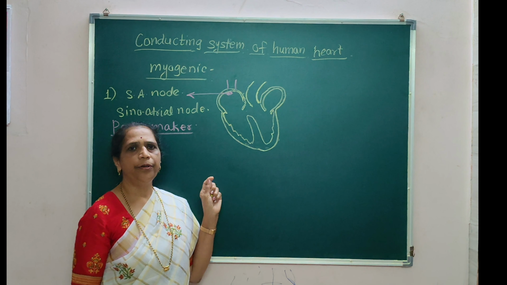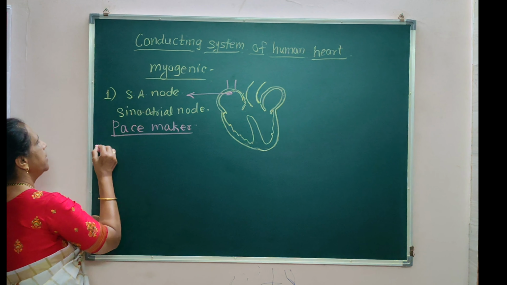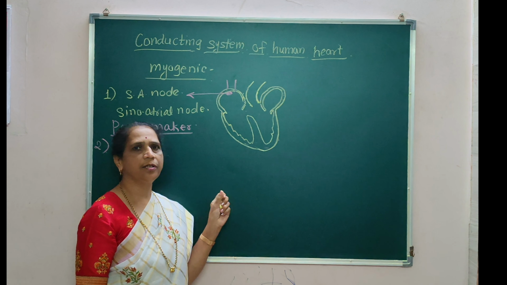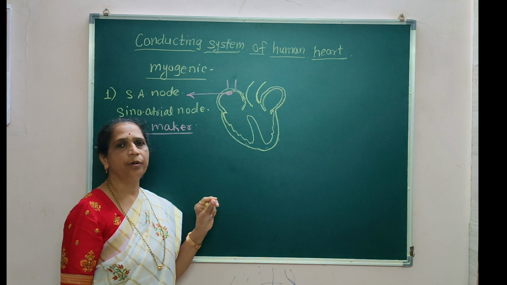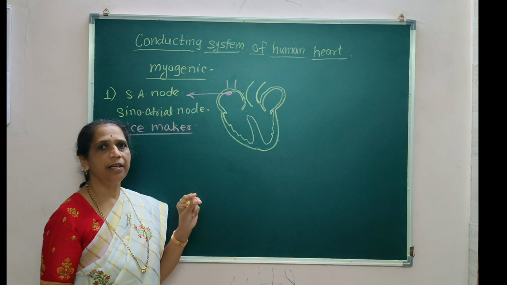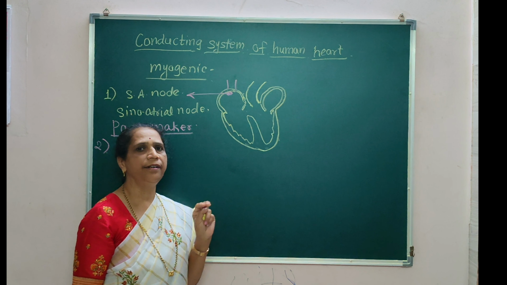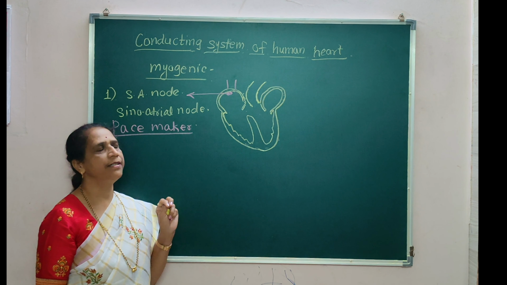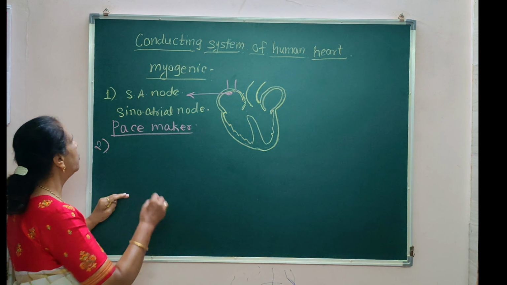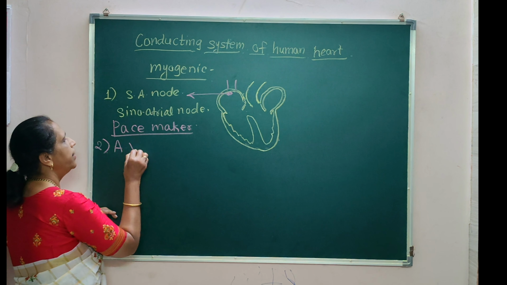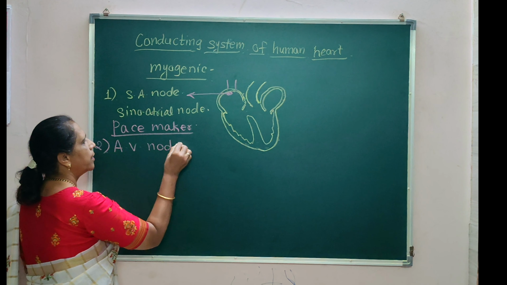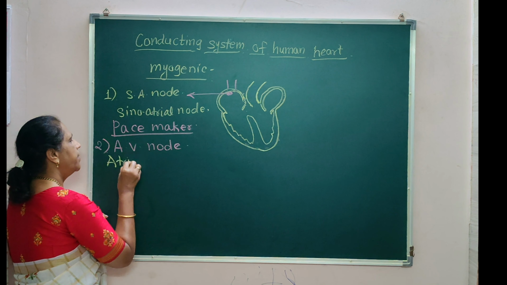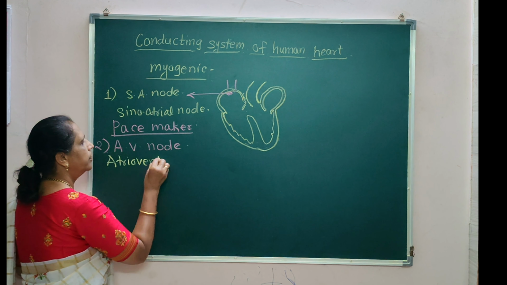The specialized musculature which causes contraction of the heart is called nodal tissue. There are two important nodes which conduct and transmit the impulses and maintain autorhythmicity of the heart. The second node is the atrioventricular node.